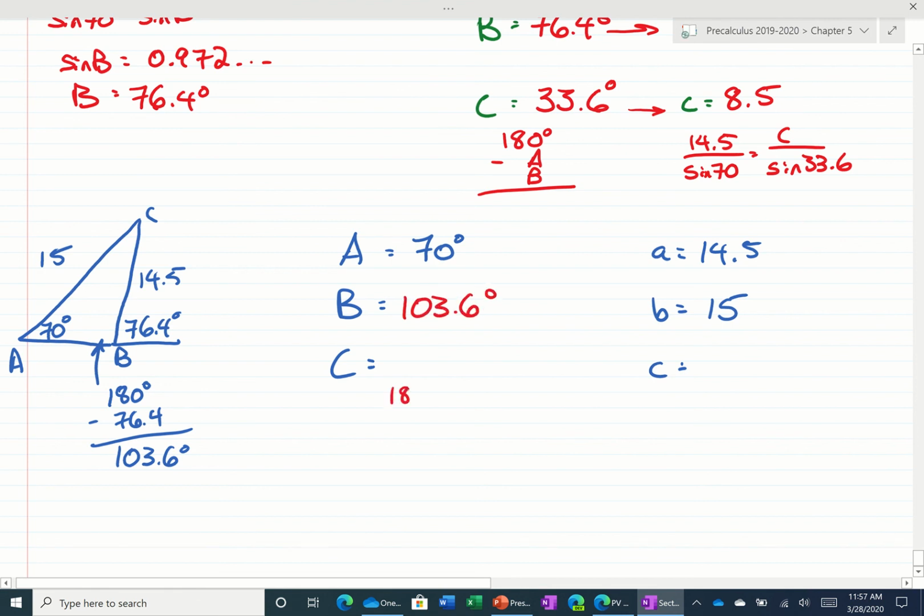And then to get angle C, we're going to do 180 minus angle A and B. And I'm getting 6.4, tiny little angle.